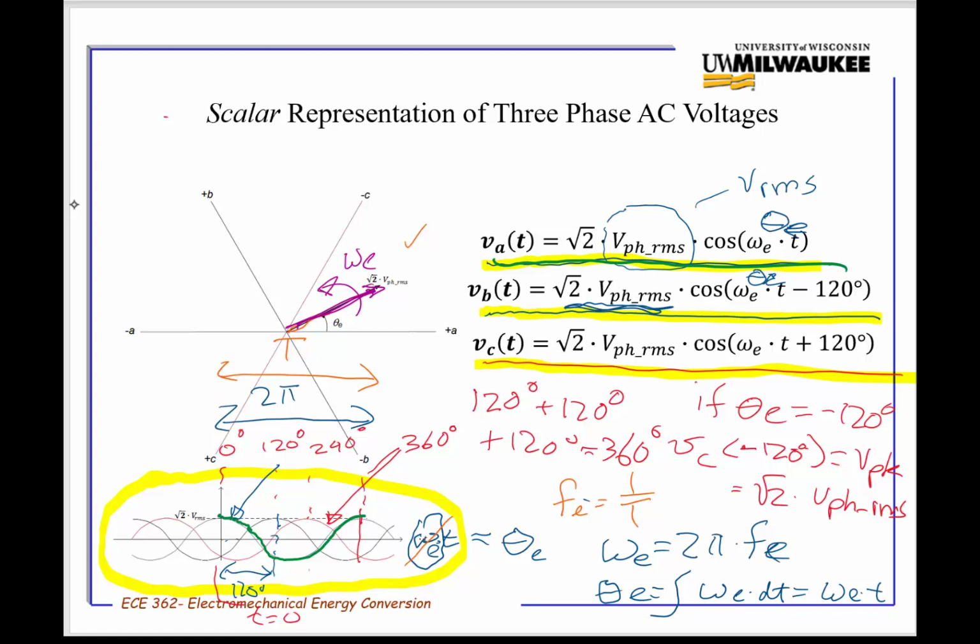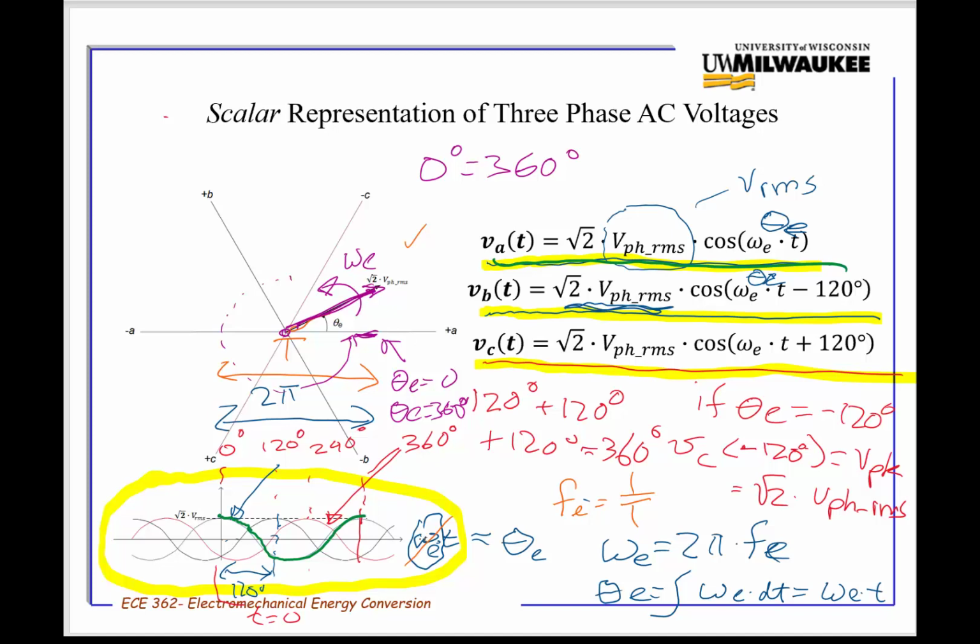This point right here, if I'm starting right here, that is theta e equals 0. And I go all the way around and I get to theta e equals 360 degrees. So what's happened is that I've completed my rotation and I'm starting it over. So 0 degrees equals 360 degrees.